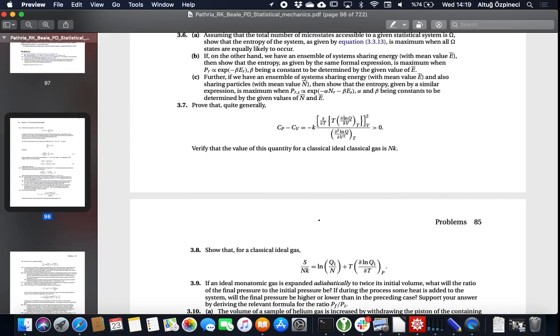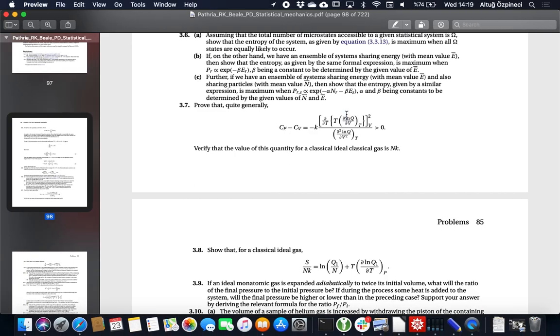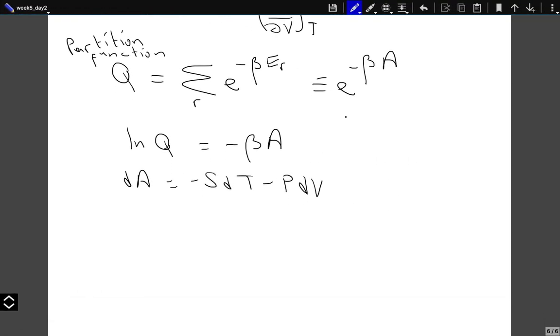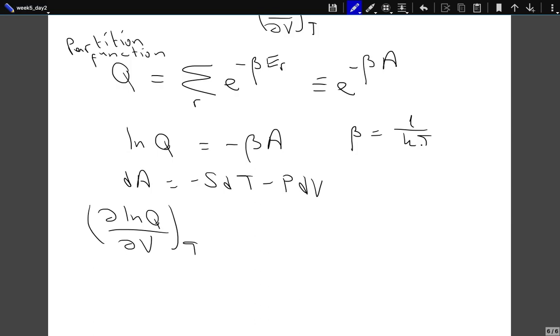Now let's see, here we have the derivative of the logarithm of q with respect to V at constant temperature. Beta is just 1 over kT, so if T is constant, beta is constant. This is minus beta times the derivative of A with respect to V at constant temperature.